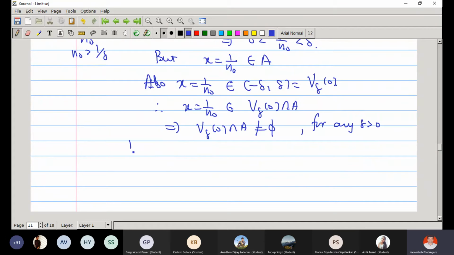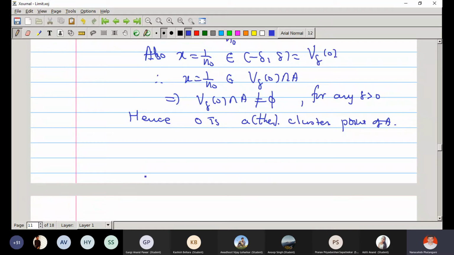Hence 0 is a cluster point of A. Can I say it is the cluster point? Yes, sir. Moreover, 0 is the cluster point.